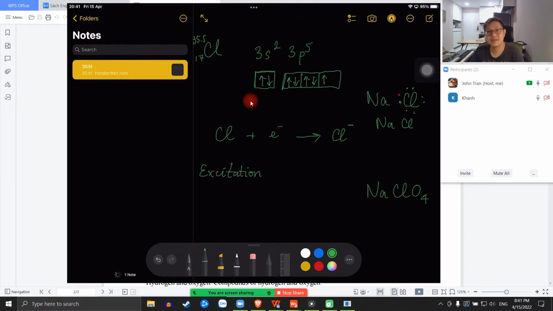So they become what is called the excited state. An electron can just jump to the next empty orbitals, and in that scenario, we can create a lot more half-filled orbitals.